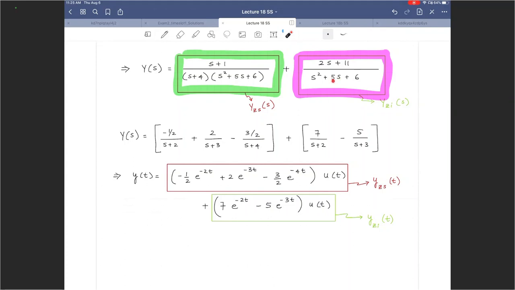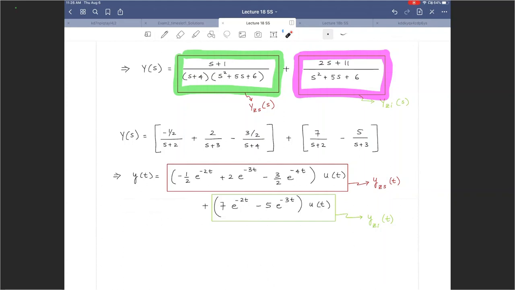Once we have that, we go through the cycles, do the partial fractions, separate them out into multiple terms, and individually find the inverse Laplace transform. Because we have done that separation, we were able to isolate the response due to zero state and zero input. So that would be your complete response, the addition of those two.